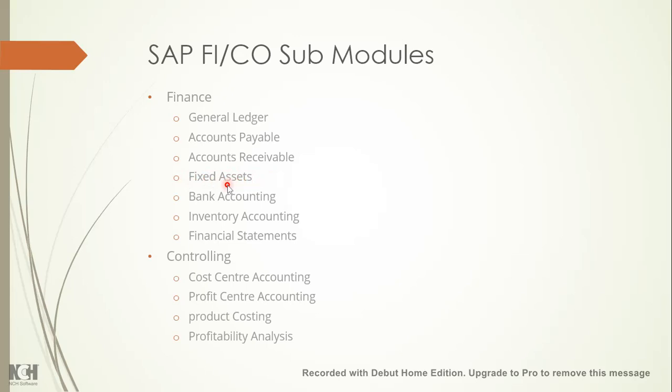Categorization of your assets, defining different depreciation, useful life, or if you have some residual value, those things you will define here. How do you post unplanned depreciation? How you can do the write-up? There are a lot of things you need to learn in asset accounting, fixed assets. How do you do the asset under construction, capitalization of AUC and all?